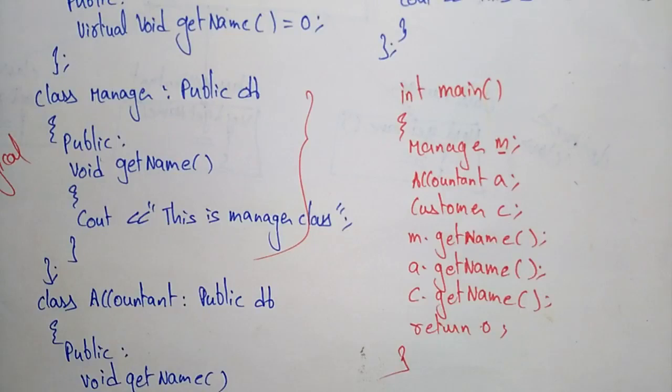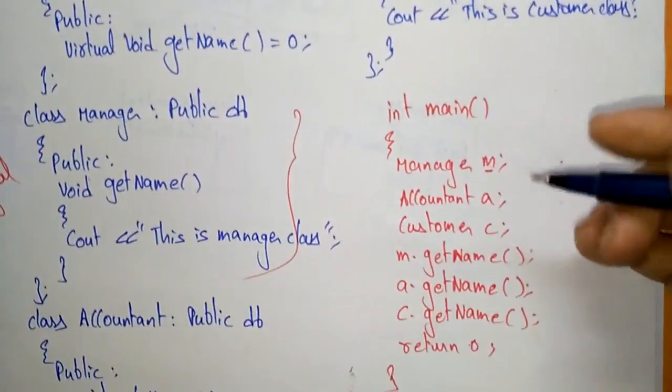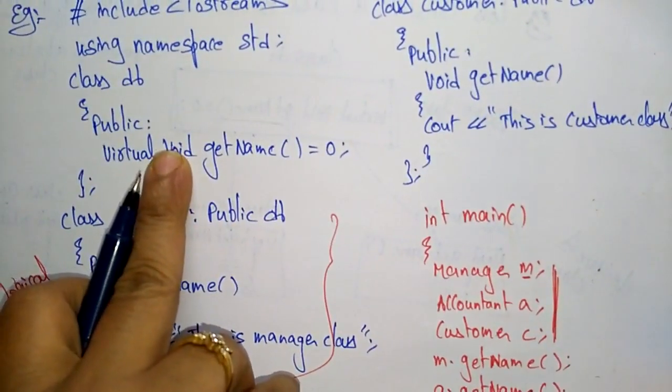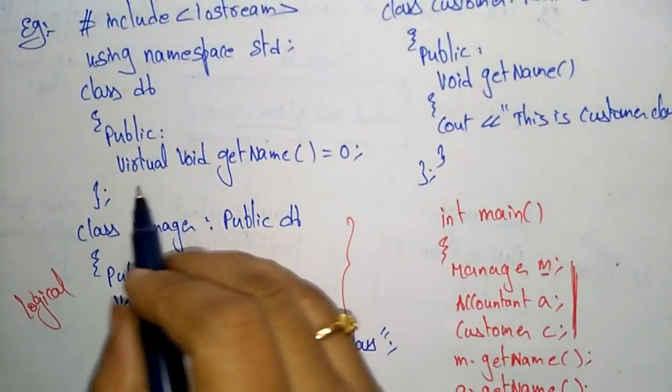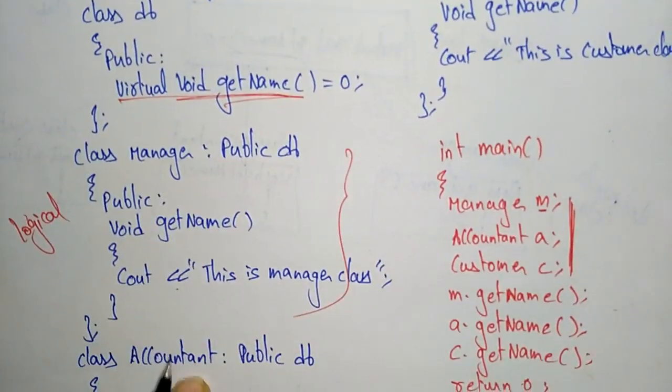Here you have to note that we cannot create an object of an abstract class. Did you observe that we didn't create an object for this abstract class database? We are only using it in the derived classes. Here I declared one function, the getName function, that will be used in the derived classes.